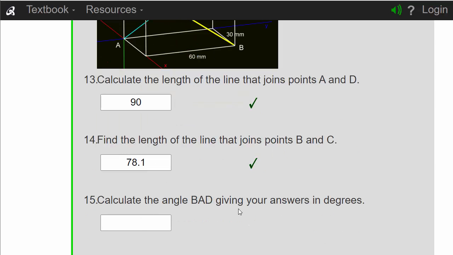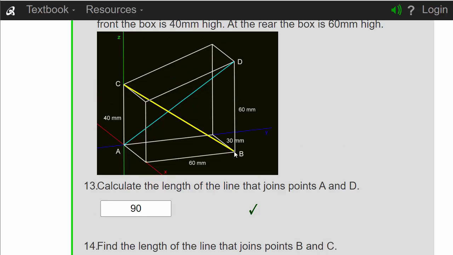Question 15. Calculate the angle BAD, giving your answer in degrees. So the angle BAD is in this triangle here. We've calculated AB, we've calculated AD, and we know BD. So we could use the arc sine or the arc cosine or the arc tangent.